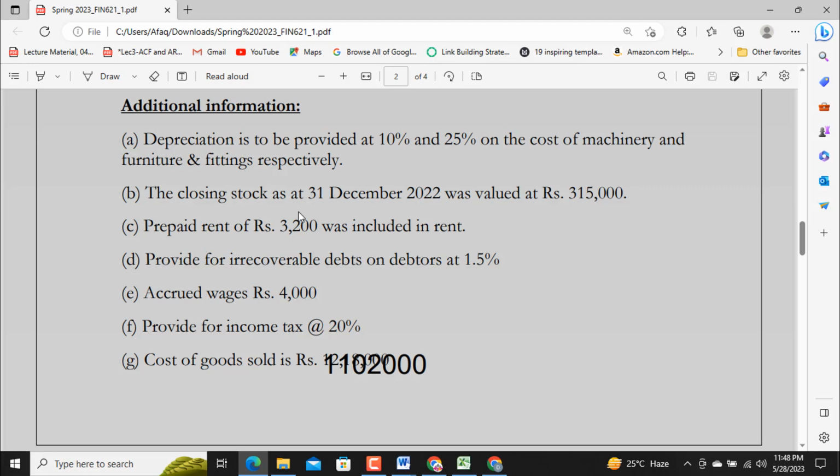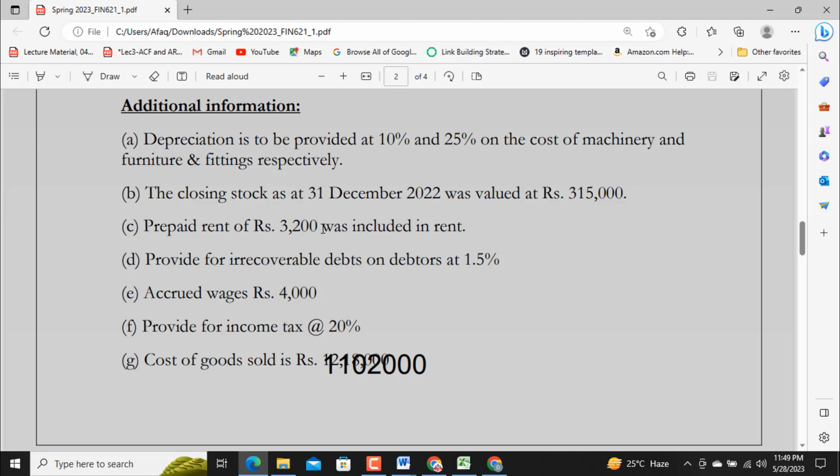These adjustments occur due to two reasons. Either we have forgotten to enter a journal entry, or we have made some errors. So either we make a new entry or we make a rectification of that entry. Prepaid rent of rupees 3,200 was included in that.